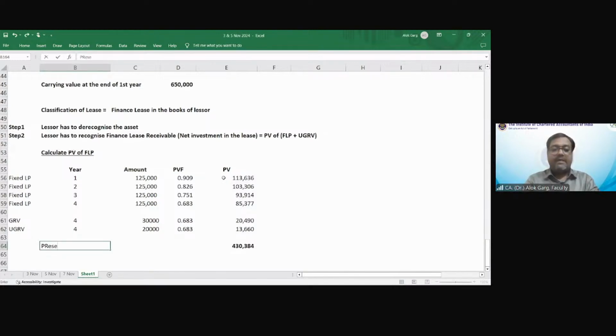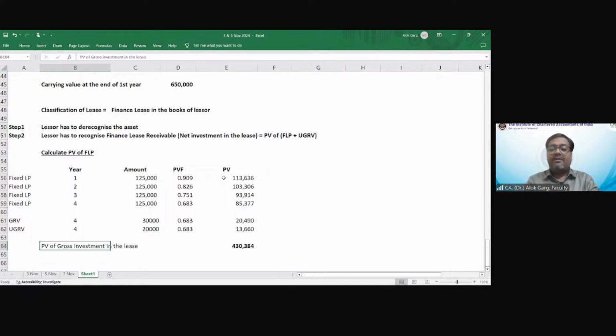So what is my present value, PV of gross investment in the lease? PV of gross investment in the lease का मतलब क्या होता है? Net investment in the lease.